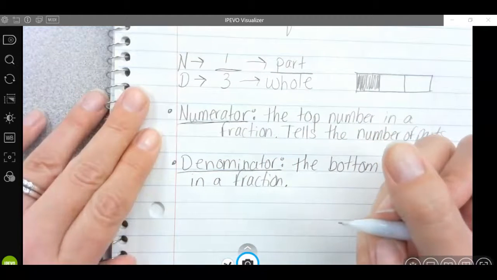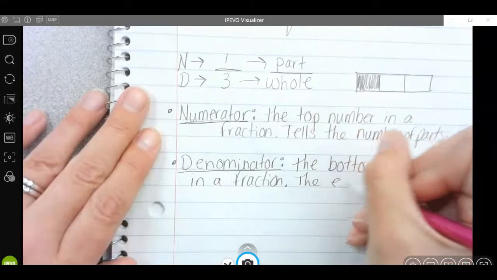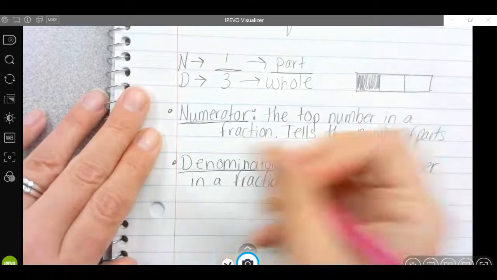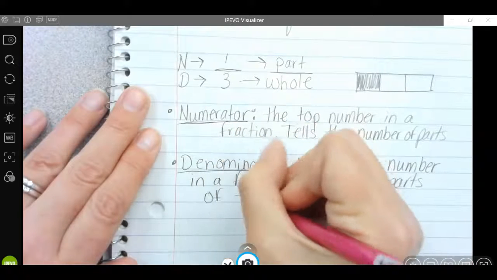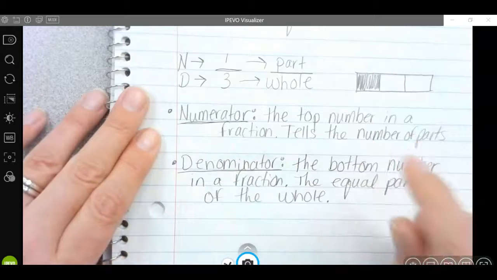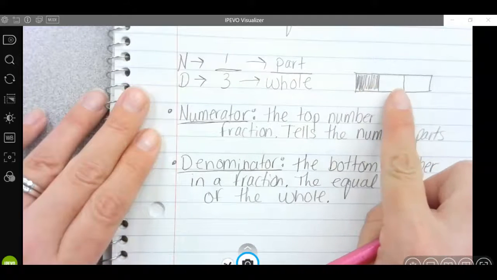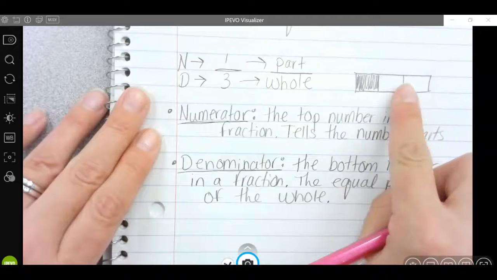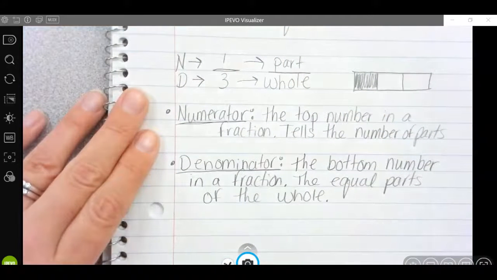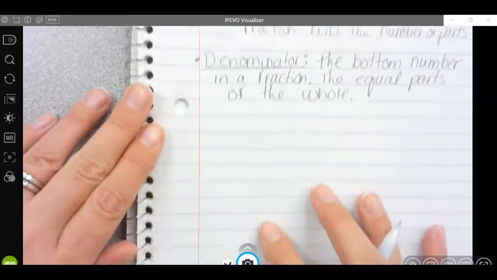It also is the number of equal parts in the whole. So our example is that there are 3 equal parts of the whole and 1 part of that is shaded in. Okay? Again, pause at any time if you need to catch up.